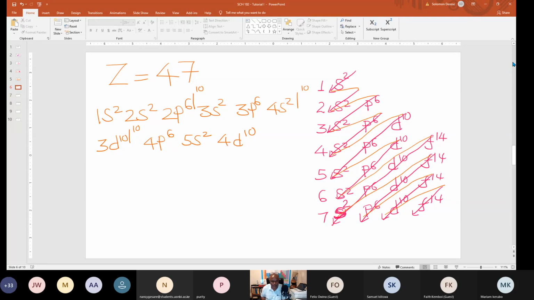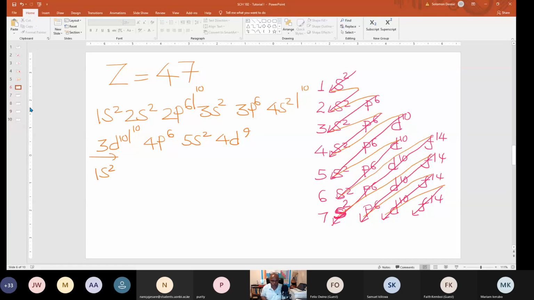So this is 10, 20, 30... oh, this should be 9, isn't it? Yes, there should be 9. So of course we'll promote one of the electrons to the other side.